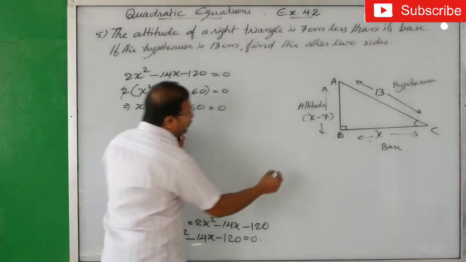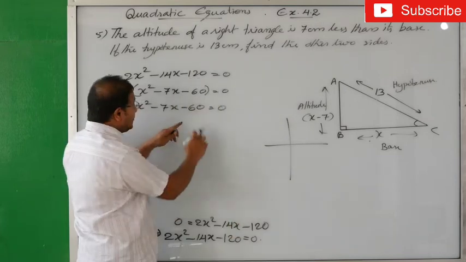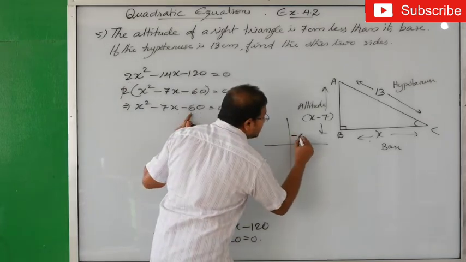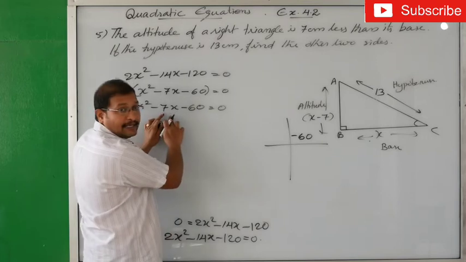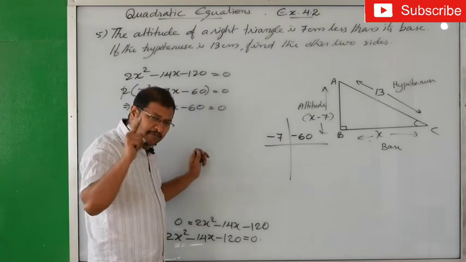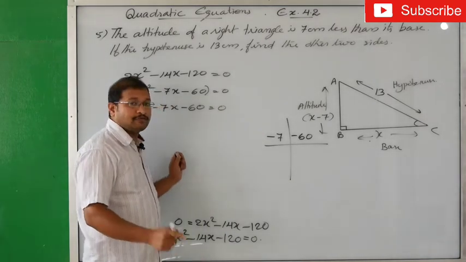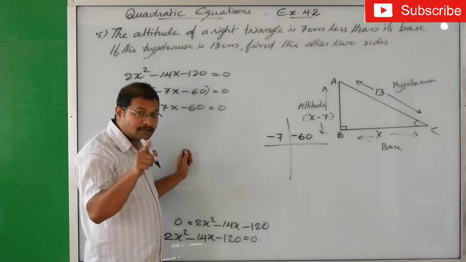Now what will you do? Take the middle term. Here minus 60, and here minus 7. Multiplication is minus, so surely one of the numbers is minus. Addition is minus, so surely the bigger number is minus.